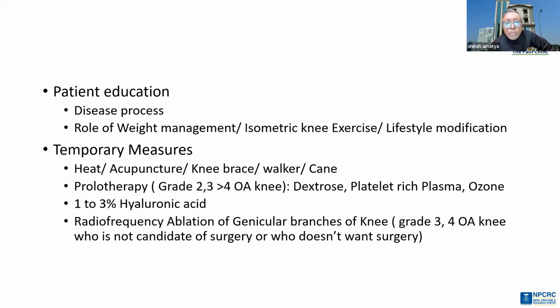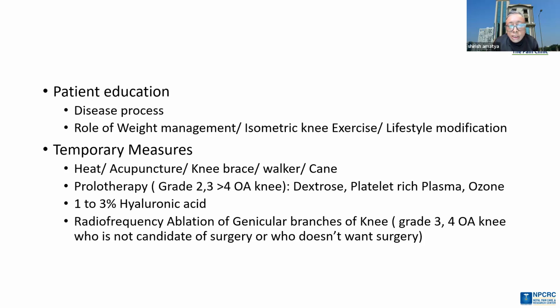We can also advise the patient to go for genicular branch ablation of the knee joint, ultrasound guided or C-arm guided. It has an excellent result if the osteoarthritis grading is grade 3 or grade 4. And normally we always have to advise the patient to go for total knee replacement if it's grade 4 osteoarthritis.